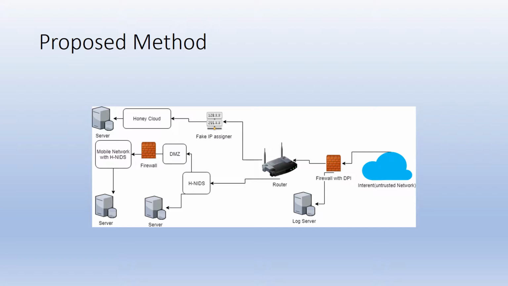So when the internet is coming into the network, at the first stage, there is a firewall with deep packet inspection ability, and here the incoming traffic is filtered, and the legitimate users are passed through. The illegitimate users or the requests, they're saved in the log server for future use.